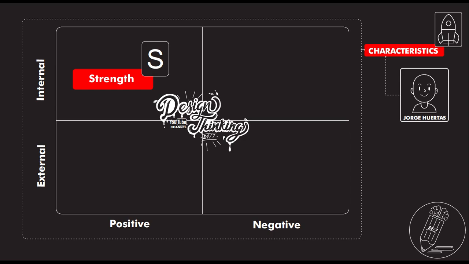What are the strengths of my project? What are the characteristics? The strengths are always positive and are internal to your business, to your project. You have to be very specific. You have to write here all the positive things that your project or your business has. That is very important.